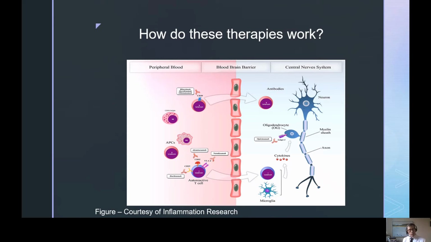Underneath the myelin, which is represented by the light blue, is an axon, and the axon is what's transmitting the electrical signal. You also see attached to the myelin to the left something called an oligodendrocyte, and that makes the myelin. It's possible in MS patients that those cells do not work as well, and we don't know exactly why. Unfortunately, as we get older, the cells are not as effective.